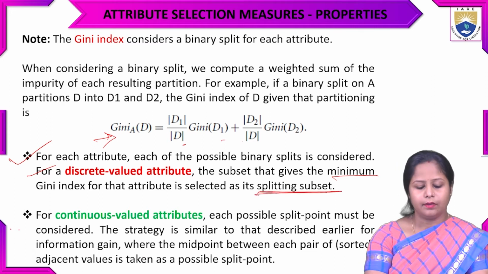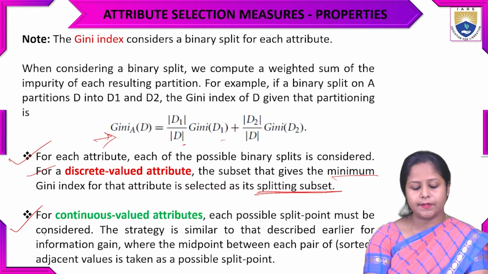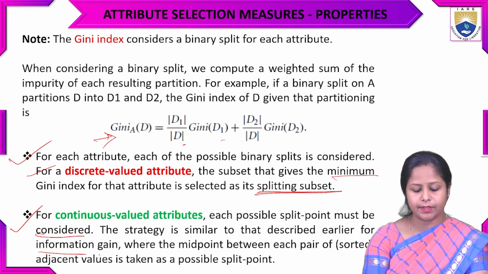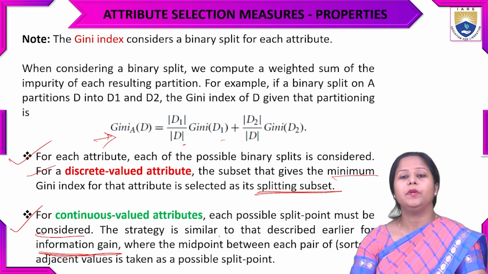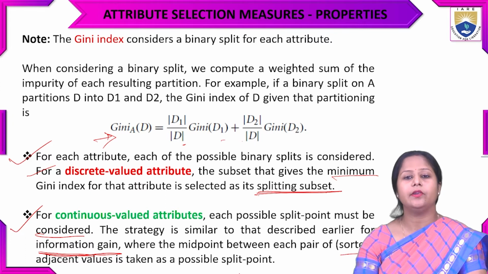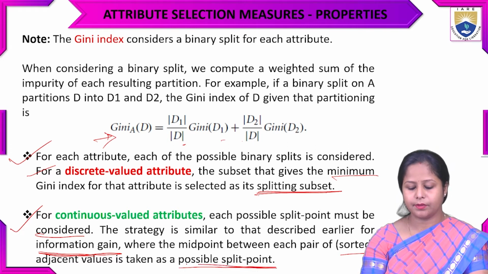Next, for continuous valued attributes, each of the possible split points must be considered. The strategy is similar to that described earlier for information gain, where the midpoint between each pair of sorted adjacent values is taken as a possible split point.